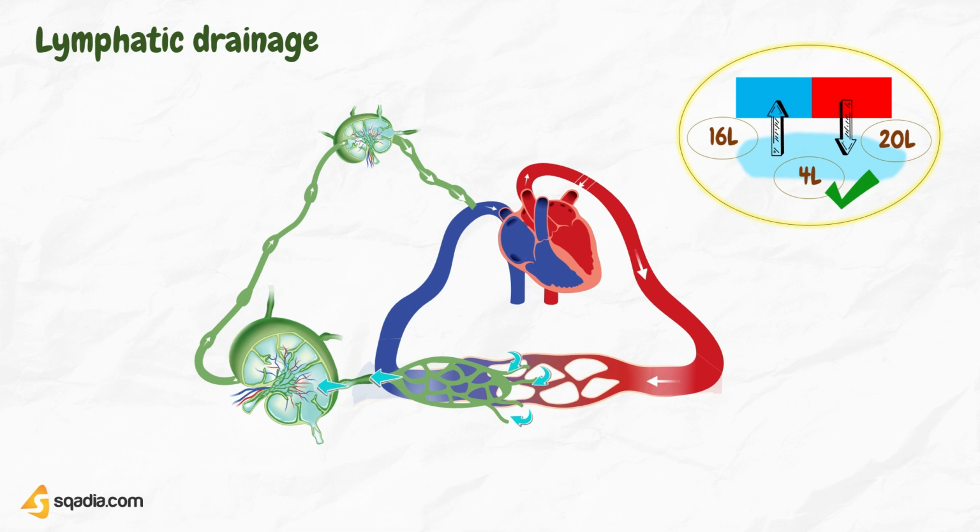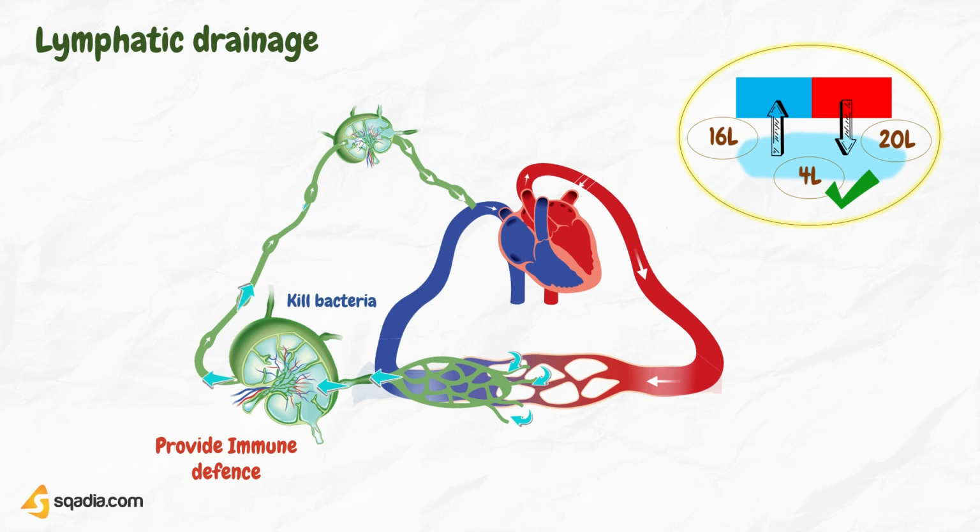Along their path, there are lymph nodes. Lymph nodes have a wide range of functions, but generally they are associated with immune defense. Bacteria or other foreign products are picked up by macrophages when passed through these lymph nodes. A large number of lymphocytes present there attack and kill those bacteria.